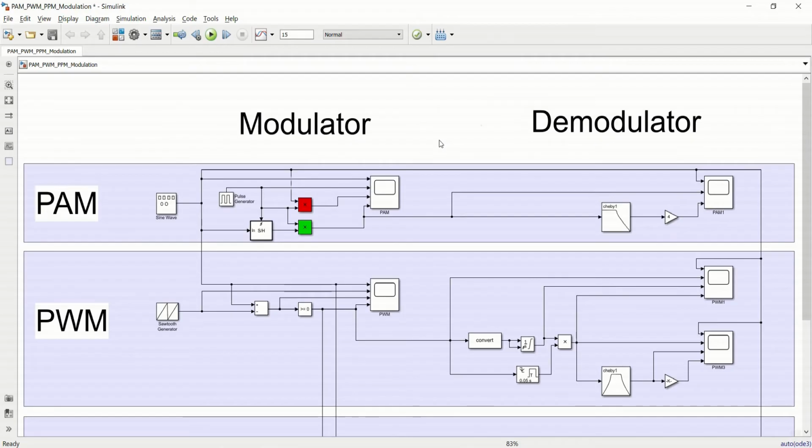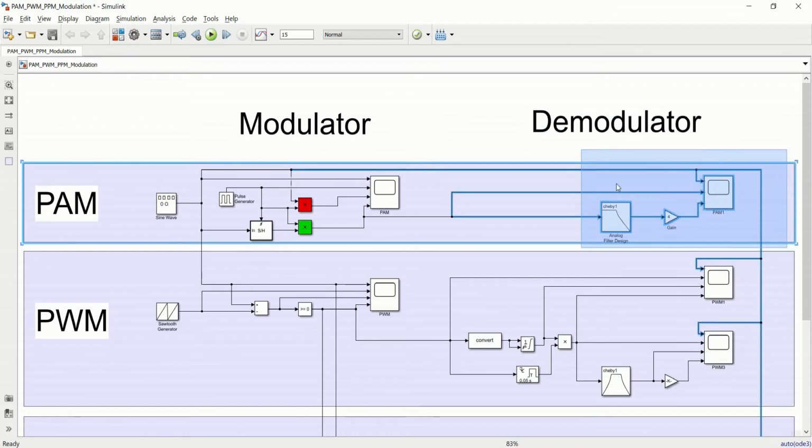Now for the demodulation of PWM, all we need to do is convert the pulse width modulated signal, which is over here, to an equivalent pulse amplitude modulated signal, and afterwards we can use the demodulation blocks of PAM to recover the message signal.